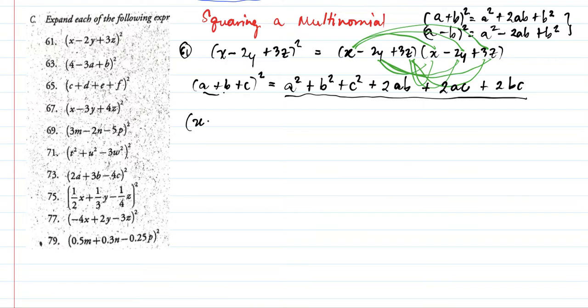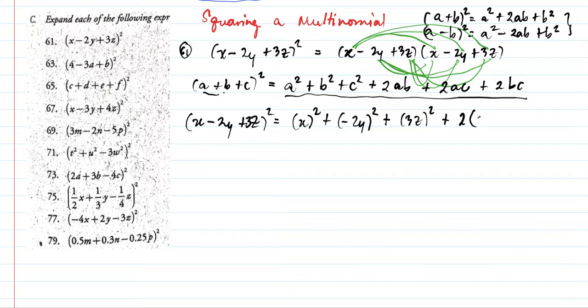So, if you have (x minus 2y plus 3z) squared, this is number 61. Our formula says to square the first. So that's x squared plus, square the second, that's negative 2y squared. Square the third, which is 3z squared. Plus twice the product of the first combination. 2 times our a, which is x, and our b, which is negative 2y.